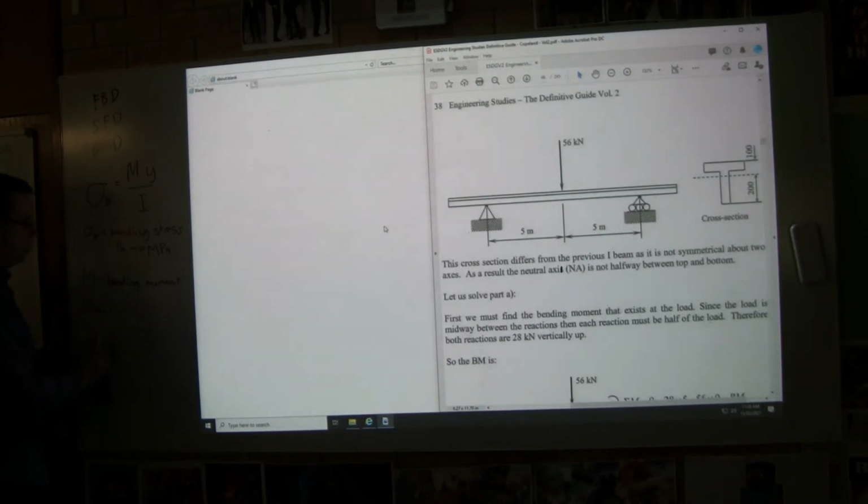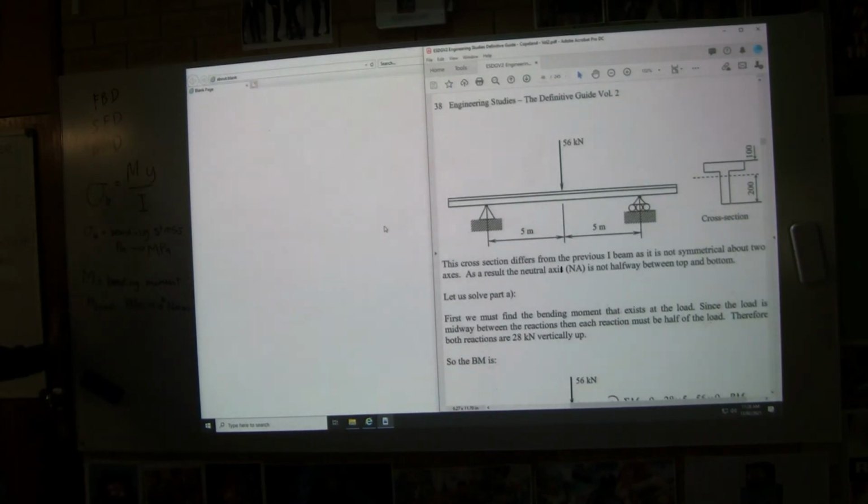That is measured in kilonewton meters, but we want to convert that to times 10 to the 6 newton millimeters.